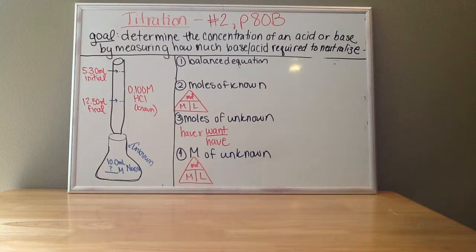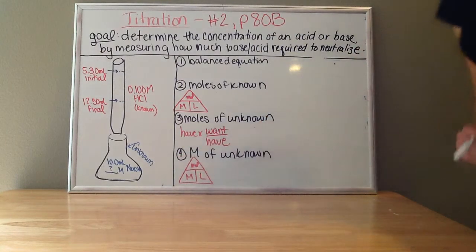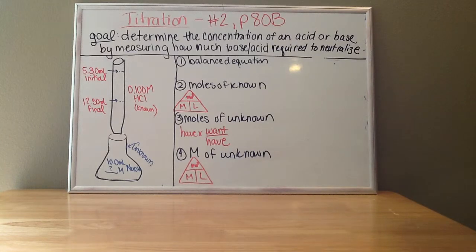So we have a base down here, and we have 10 milliliters of the base, and we do not know the concentration of it, so that's our unknown. In our burette, we have an acid, and we know the concentration of the acid.